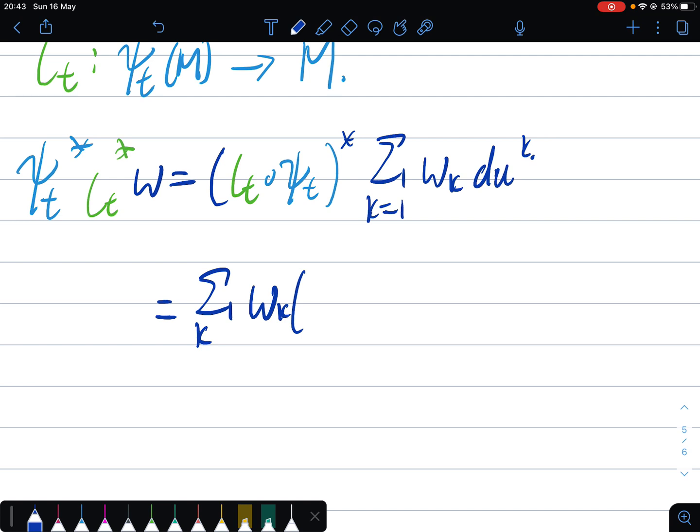The omega_k will be in terms of the phi_t, the outer t, and the inside t, and then we can put the pullback inside the d. So by definition we just get this.